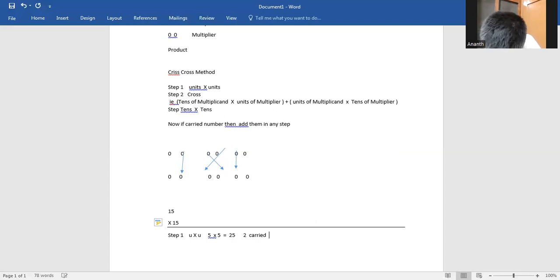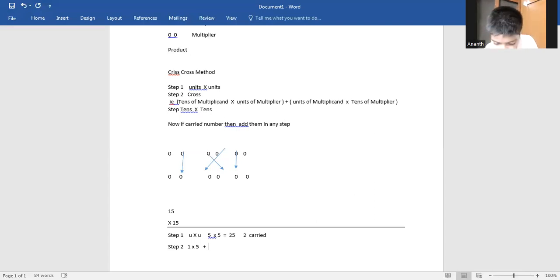Okay, 2 is carried. What is step 2? I'll teach you. Don't just listen. Step 2 is multiplicand tens, that is 1, into multiplier's units, 5, plus 5.